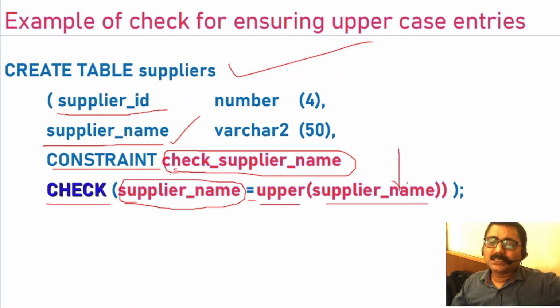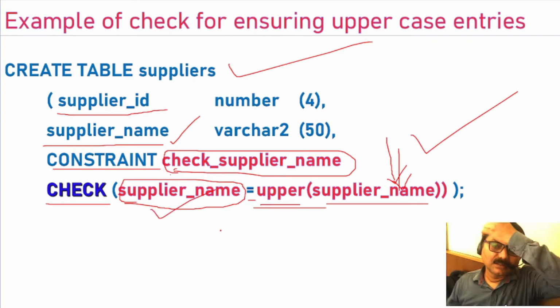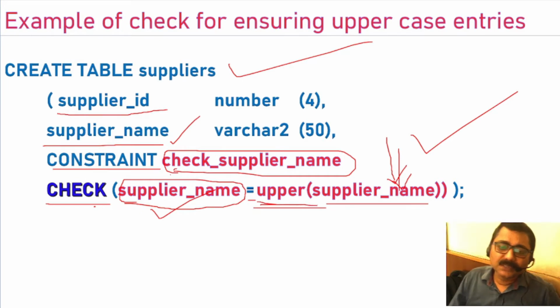This is the input given by the user, and here upper will convert this input into uppercase, and this will be the data supplied by you, converted into uppercase. If it is already in uppercase, then this case will be valid and your data will go into the table.